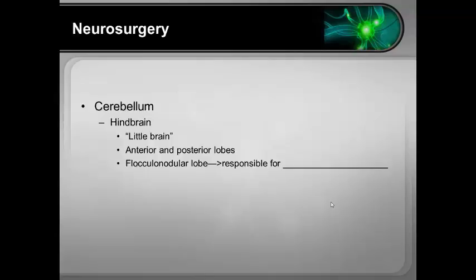Next up in our awesome anatomy analysis is the cerebellum. The cerebellum has several nicknames, including hindbrain and little brain. It's connected to the brainstem, the spinal cord, and the cerebrum by the pons.